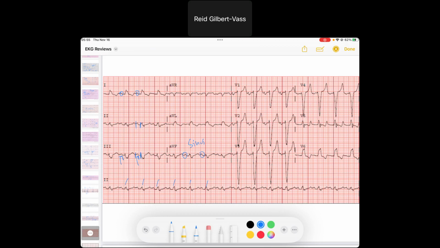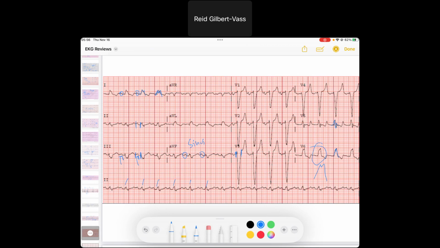And so let's figure out why this QRS looks so funky. Well, we see that the QRS is wide. So we think, why wide QRS? Well, it's typically caused by conduction abnormalities within the ventricle. We see in the lateral leads this RSR prime in V5, and in lead 1, RSR prime.